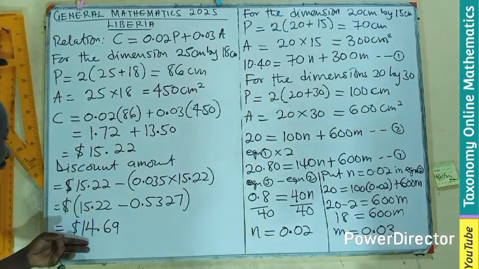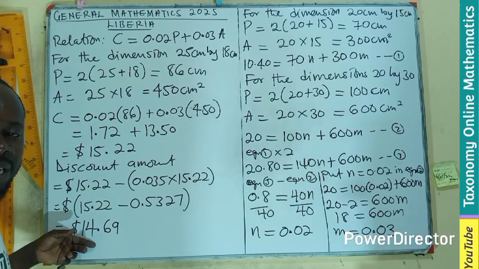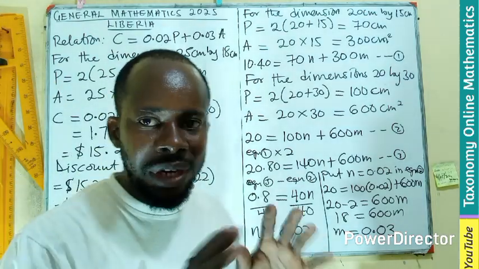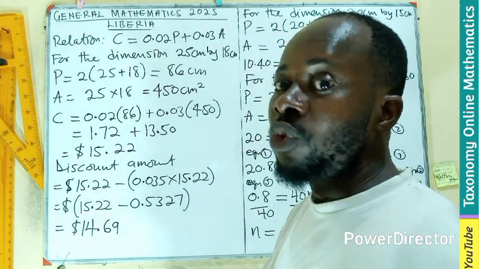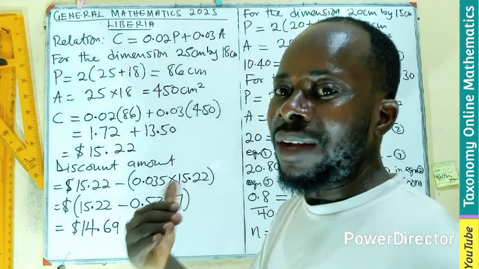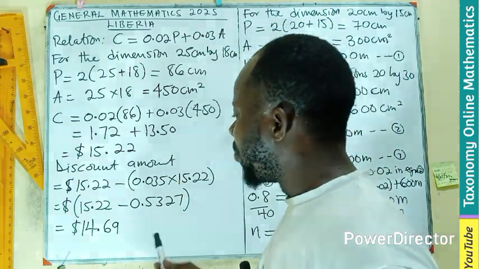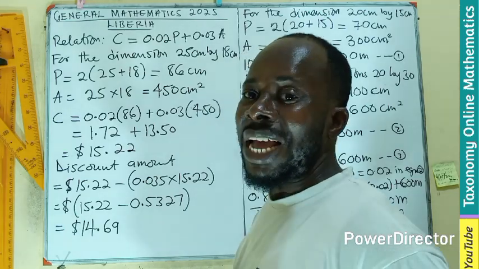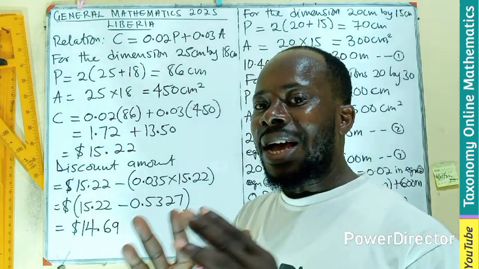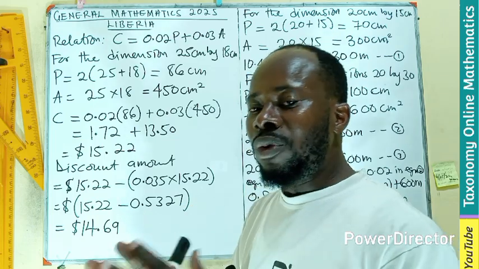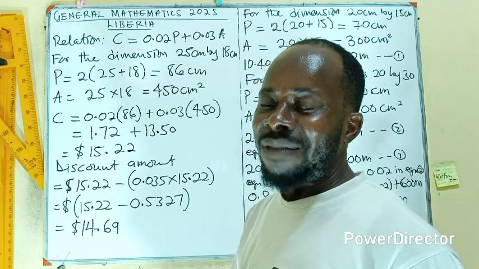So this is going to be the discounted amount if a discount is given. If no discount is given, you'll be paying $15.22. But if they give you a discount of 3.5%, then you'll be paying $14.69.